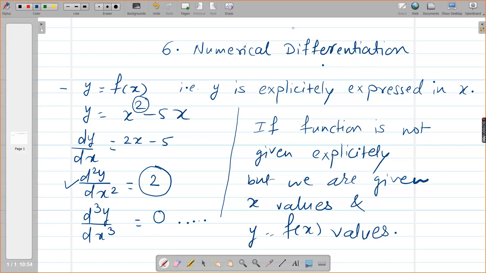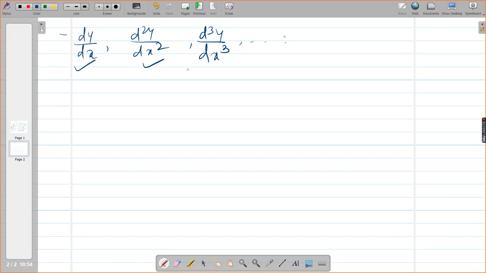Have you understood the approach? What exactly do we want to do in this chapter? We will be finding dy by dx, d2y by dx square, d3y by dx cube, and so on. But we will restrict ourselves to these. Please take the first slide.